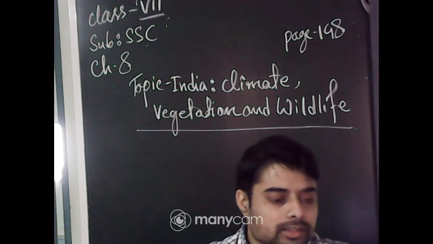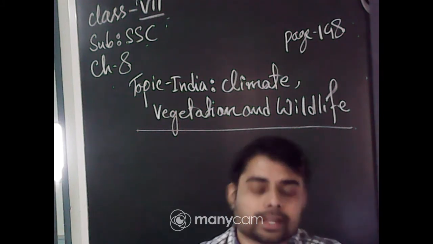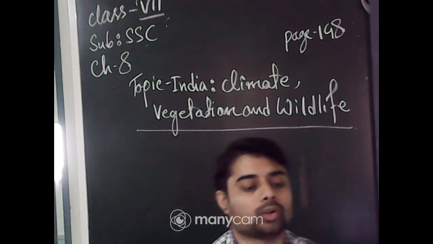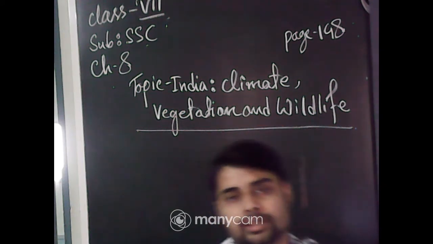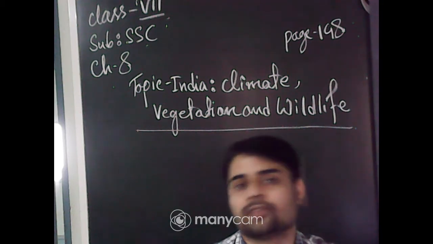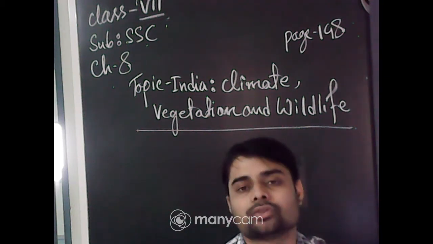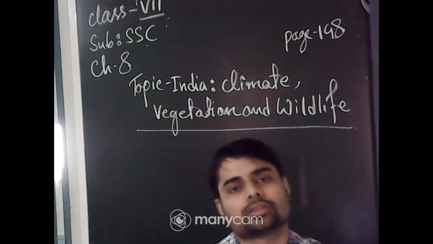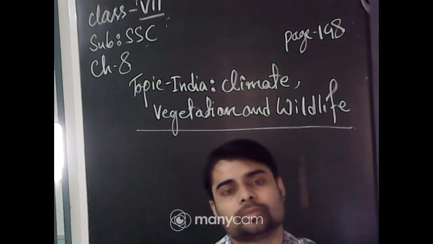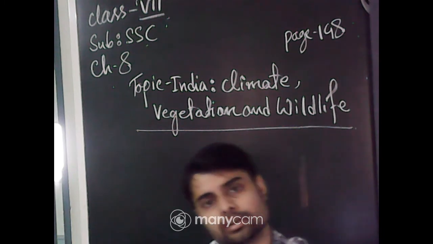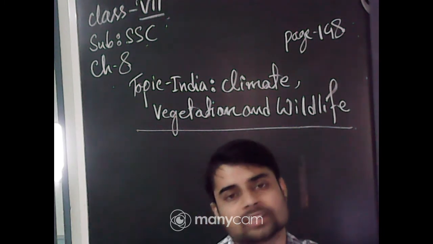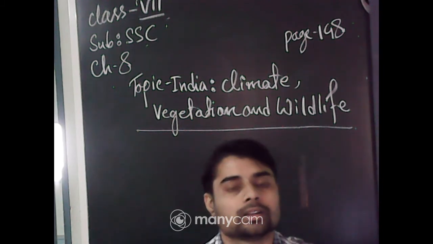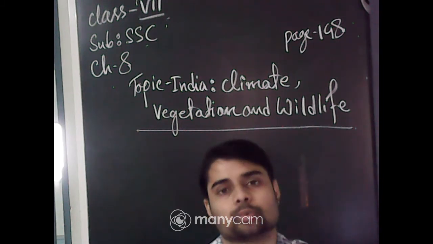During the winter season, the sun rays do not fall directly on the region. As a result, the temperatures are quite low in northern India. You have already read about the revolution of the earth. In the time of revolution, when the northern hemisphere is tilted away from the sun, then the southern hemisphere receives the maximum amount of sunlight, and the summer season occurs on that portion.